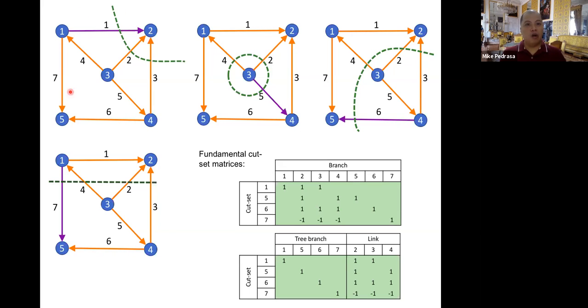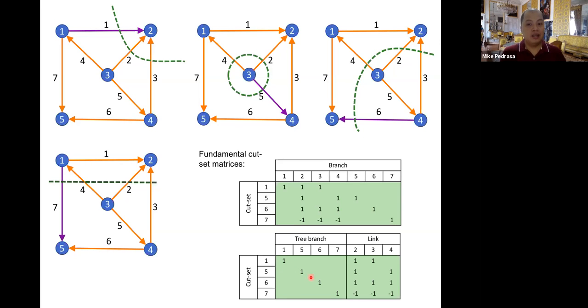How many branches are there? Which branch connects one node to the other? Each element can only take 3 values, either 0, 1, or -1. So take note, class, if we store that information, it's very economical, because it's just a 4 by 3 matrix. We don't have to store that identity matrix.